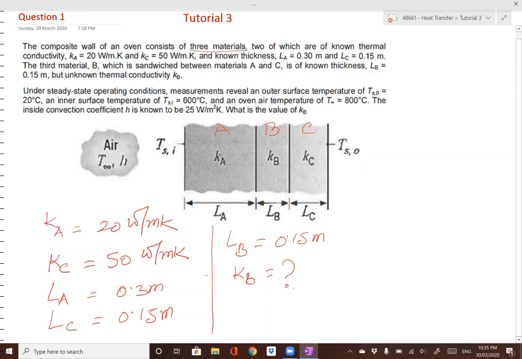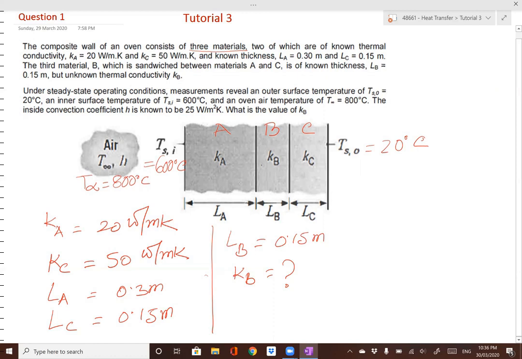Now under steady state operating conditions, measurements reveal the outer surface temperature is 20 degrees Celsius and the inner surface temperature, Ti, is 600 degrees Celsius. The oven air temperature, T alpha, is given as 800 degrees Celsius.